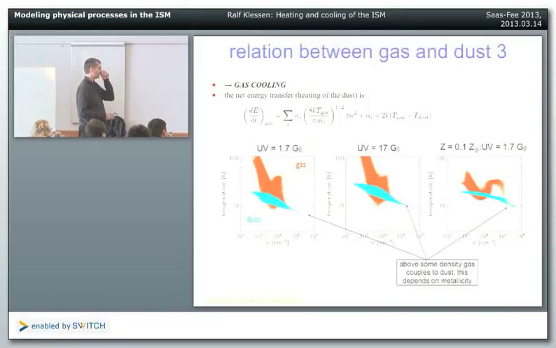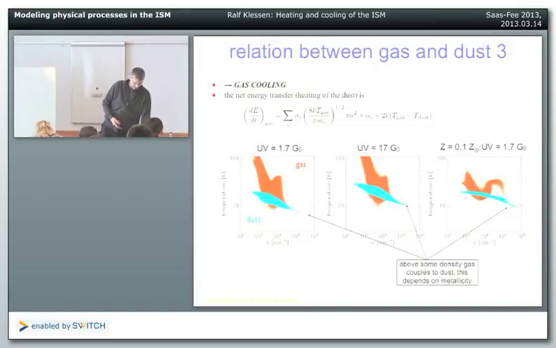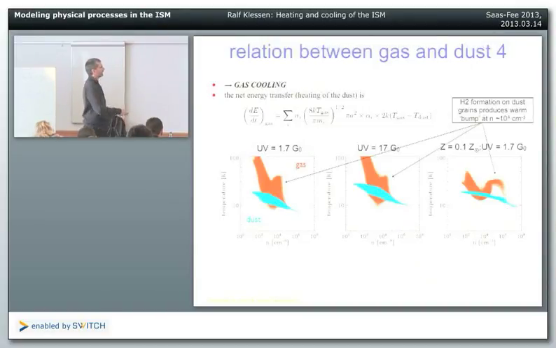What we also notice is that at some density, no matter what you do, the gas couples to the dust. And the density where this happens depends on the metallicity. So here it happens earlier at solar metallicity. It happens at higher densities later for reduced metallicities.